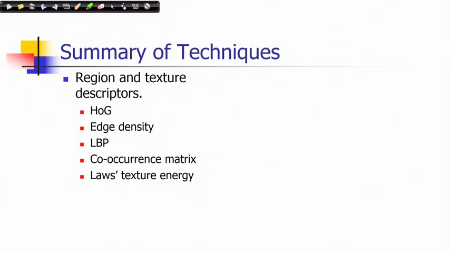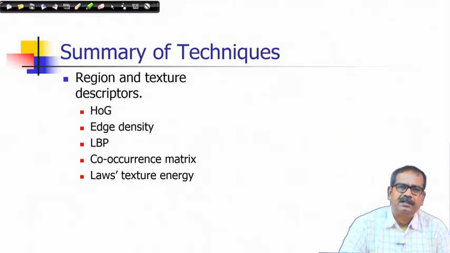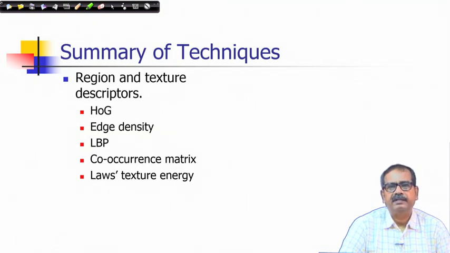Here you consider a patch or a region instead of a point, and usually those patches or regions are of rectangular shape, and there are different kinds of descriptors that we discussed, like histogram of gradients, and different texture descriptors, edge density based descriptors, and local binary patterns and its variations, where you can make it rotational invariant.